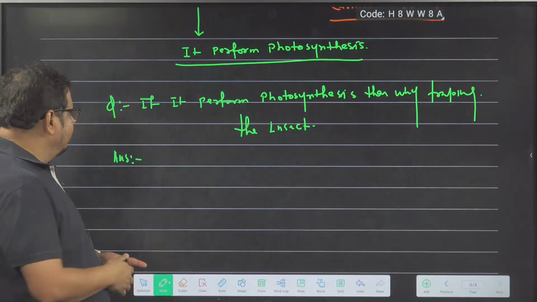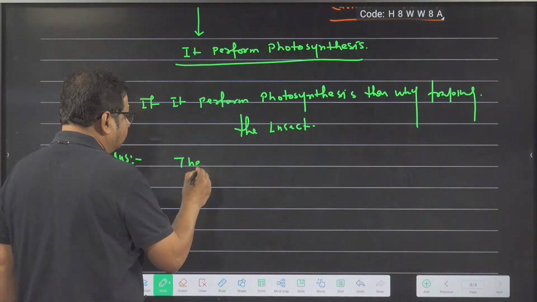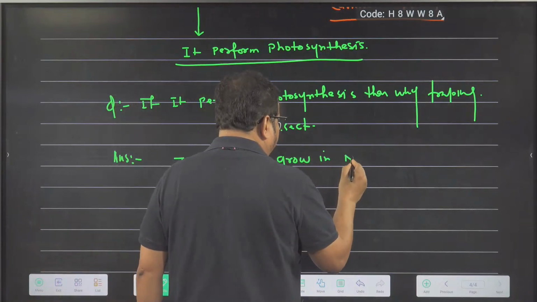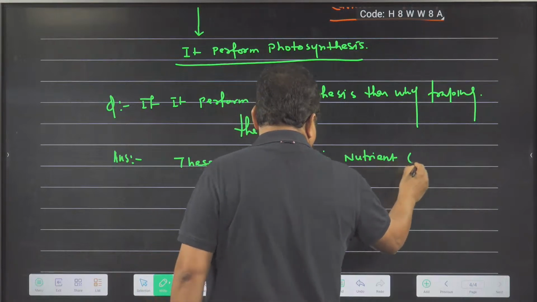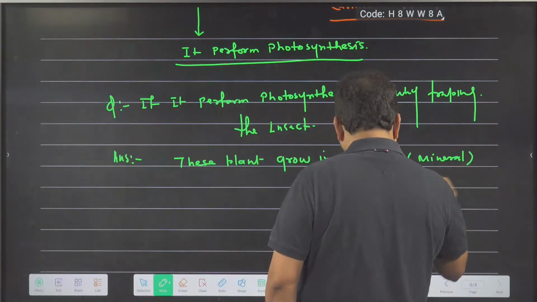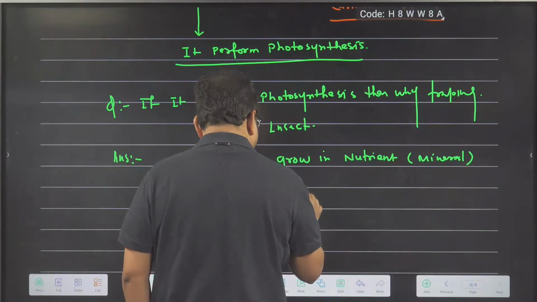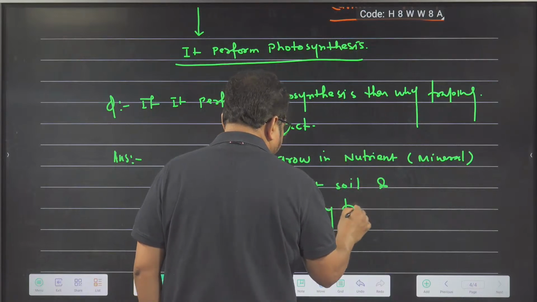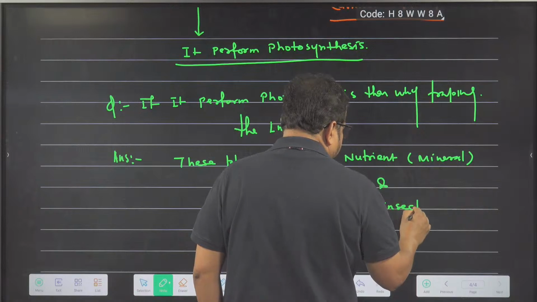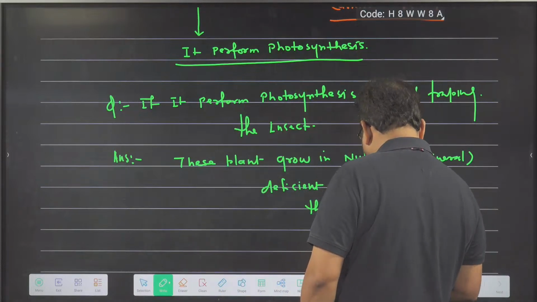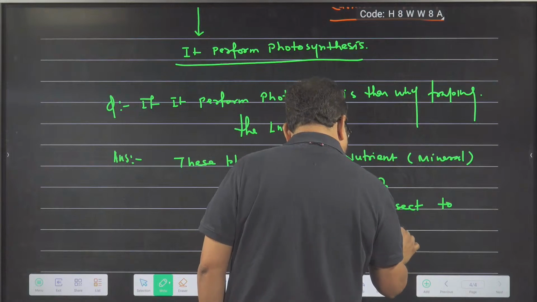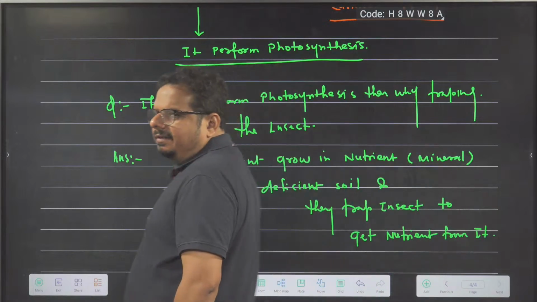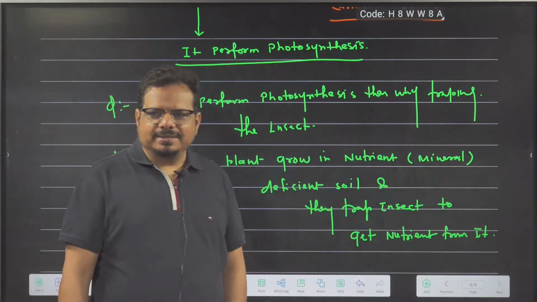Right? So, mineral nutrients. You can say these plants grow in nutrient-deficient (in bracket, mineral-deficient) soil, and they trap insects to get nutrients from them. In the insect body these nutrients are there: nitrogen, phosphorus, sulfur, present in every animal body.